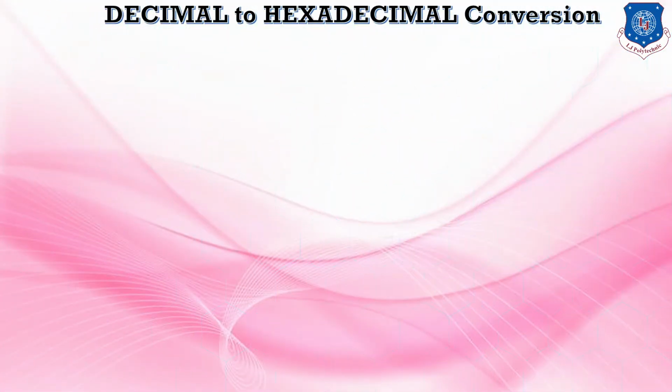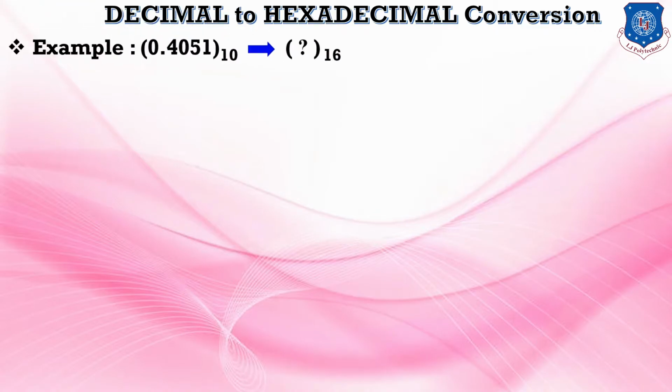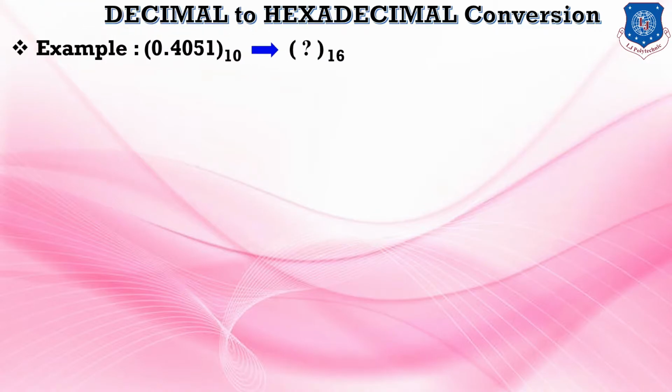Dear students, let's take another example for decimal to hexadecimal conversion. Here I take 0.4051 as a fractional decimal number. Now we proceed to its hexadecimal conversion. Again I repeat, make sure that for decimal to hexadecimal conversion of a fractional number, we have to follow multiplication with the base or radix.